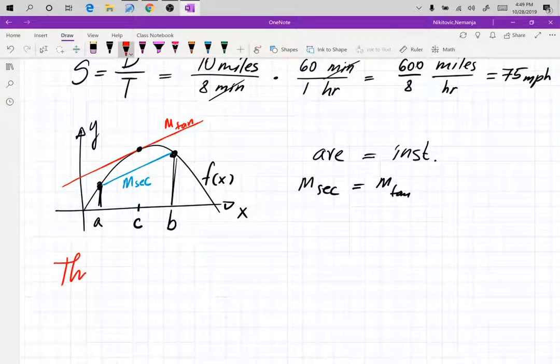Here's a theorem. Now, this is one of those statements that you might be asked to state on the exam, the way it is stated.